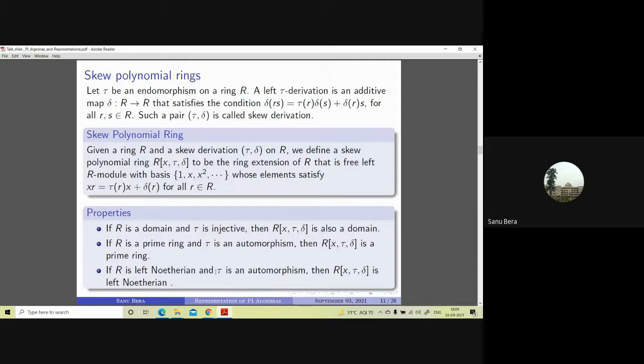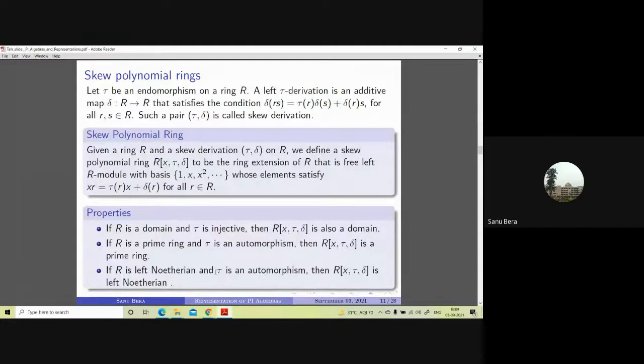And the next one is important, as it gives us a Noetherian condition. If R is Noetherian and tau is an automorphism, then this extension is also Noetherian. If R is left Noetherian, then the skew polynomial extension is also always left Noetherian. We will use all these properties later for example purposes.